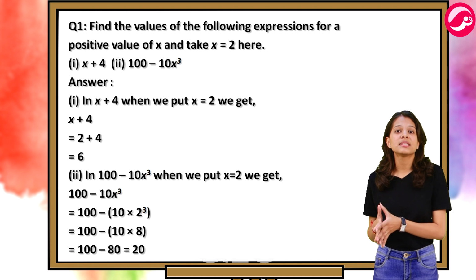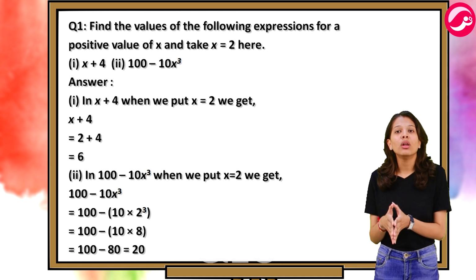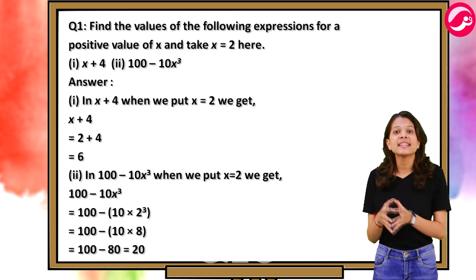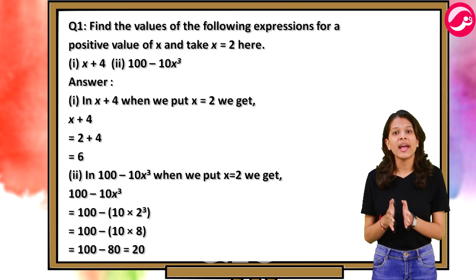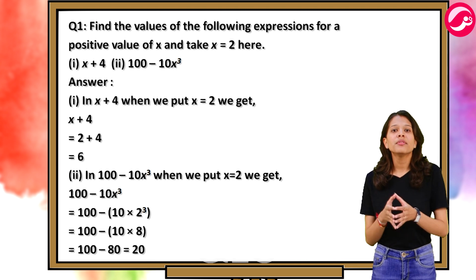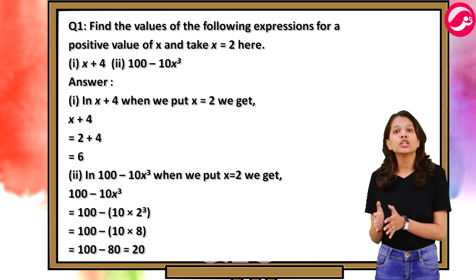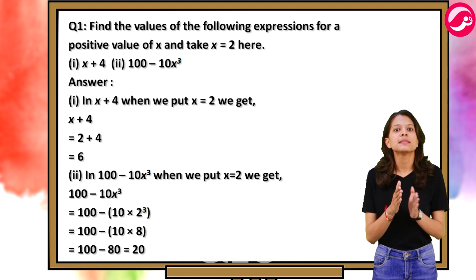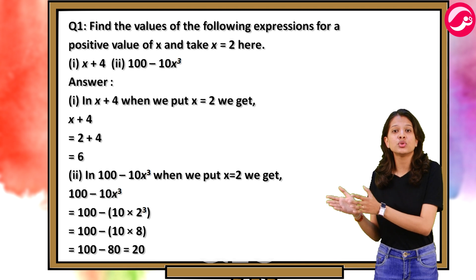Now, let's start with some question solving. The first question says, find the values of the following expressions for a positive value of x, and take x equals 2. The first expression is x plus 4 and the second expression is 100 minus 10x cube. In the first expression, when we put x equals 2, we get 2 plus 4, which equals 6.